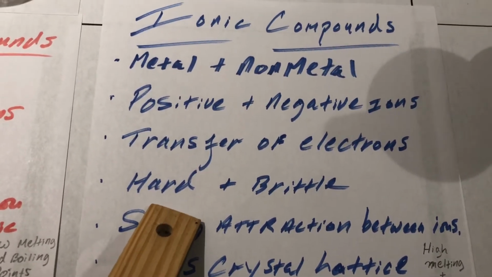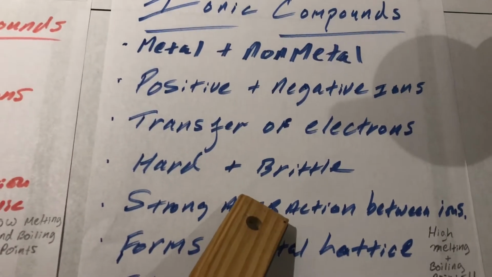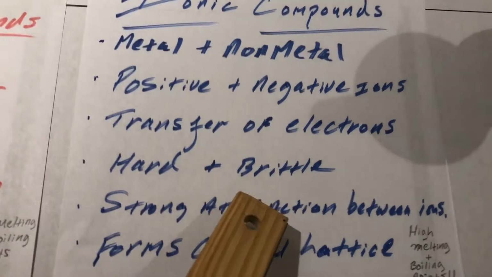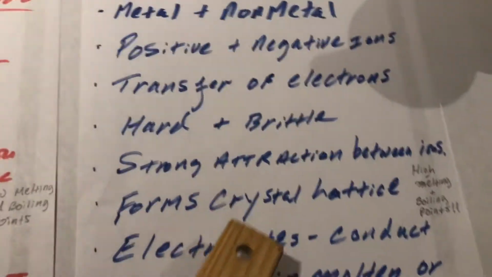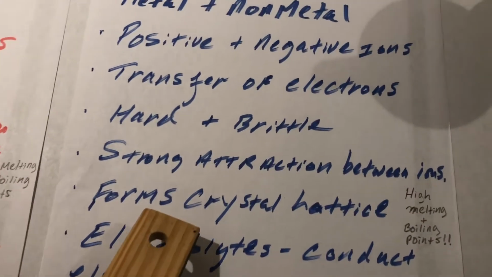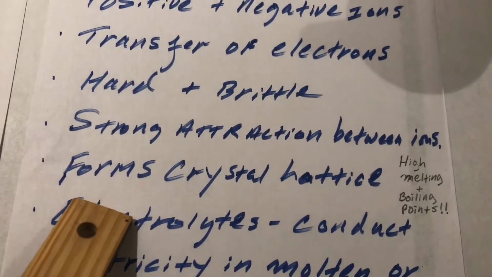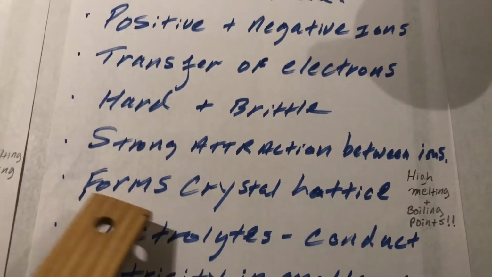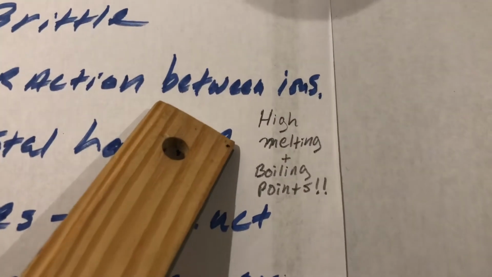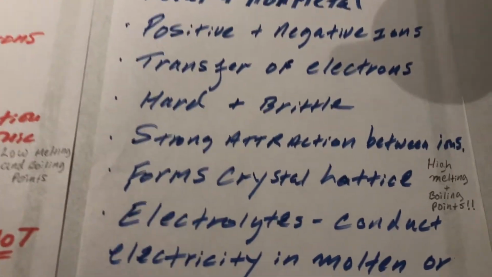Ionic compounds tend to be hard and brittle. When you hit them with some type of force, as we discussed in class, they tend to fracture, and they're not malleable, so you can't put them into shapes. Between the ions there's a very strong attraction, and that leads to boiling points and melting points being very high compared to covalent compounds.